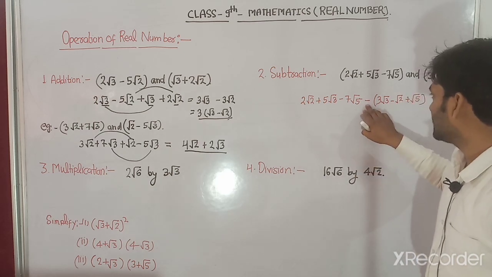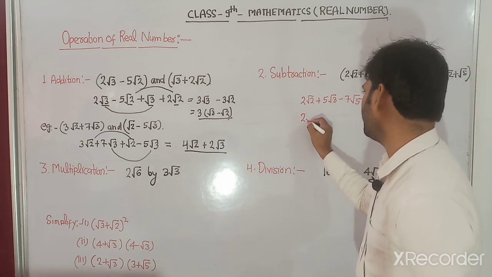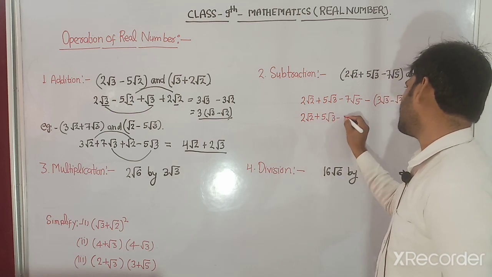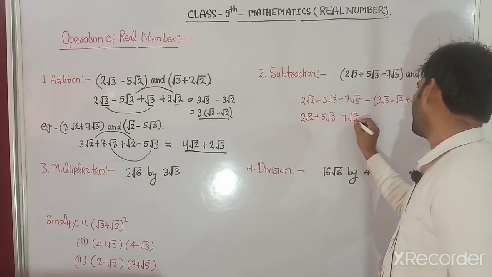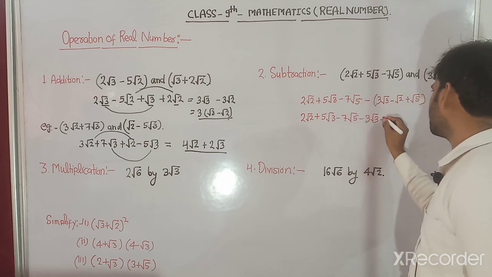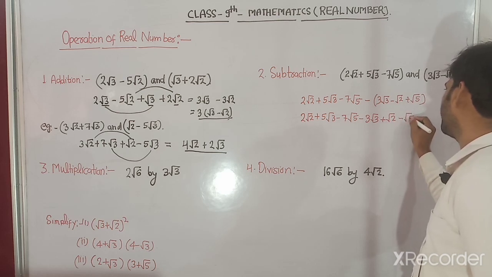The minus sign multiplies all the terms. That means 2 root 2 plus 5 root 3 minus 7 root 5 minus 3 root 3, and minus multiplied by plus root 2, and minus multiplied by minus root 5.